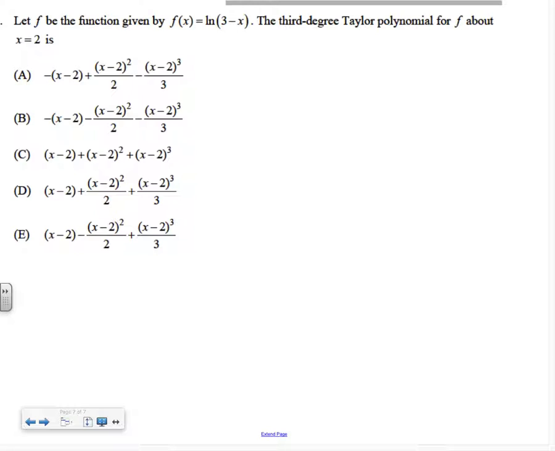Are we going to assume those are factorials? Because there's no exclamation mark. Well, we're going to have to find them. We're going to use the definition. So I want third degree.